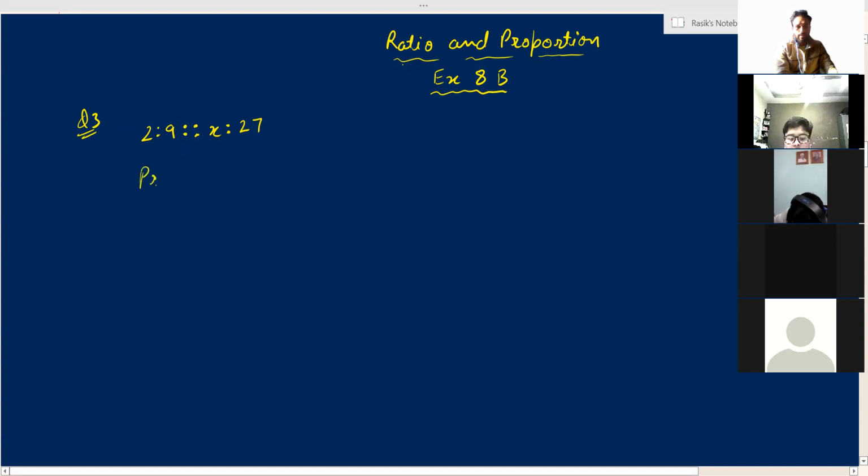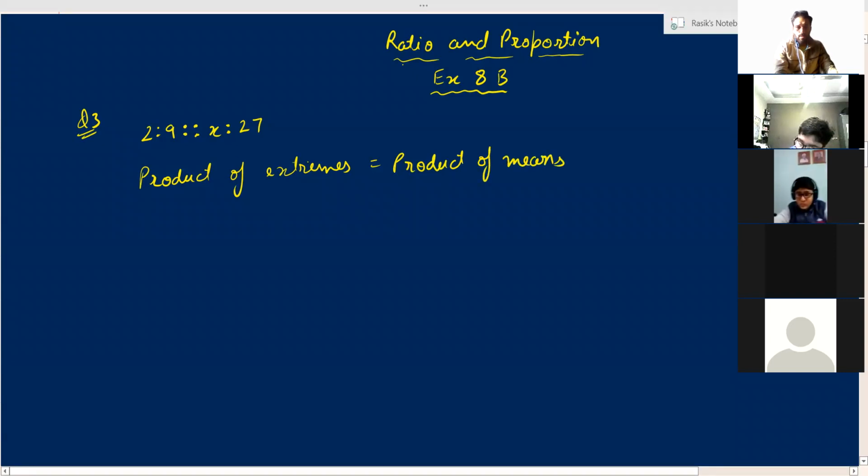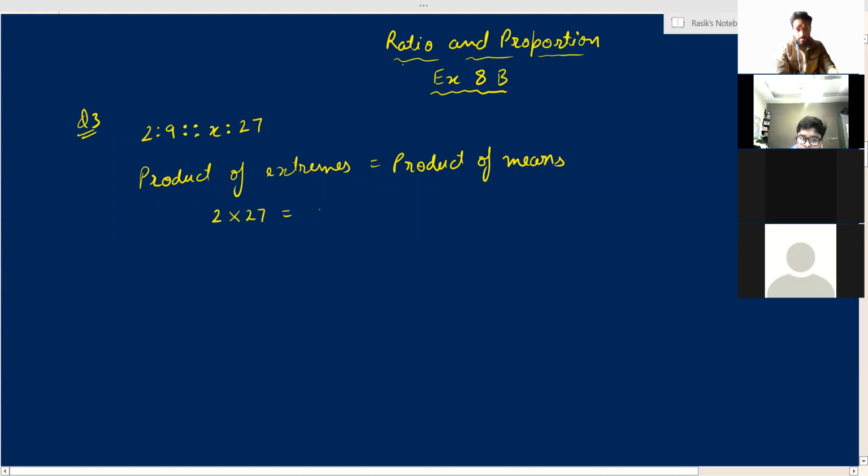We know that when the numbers are in proportion, then the product of extremes is equal to the product of means. So 2 into 27 equals 9 into x.